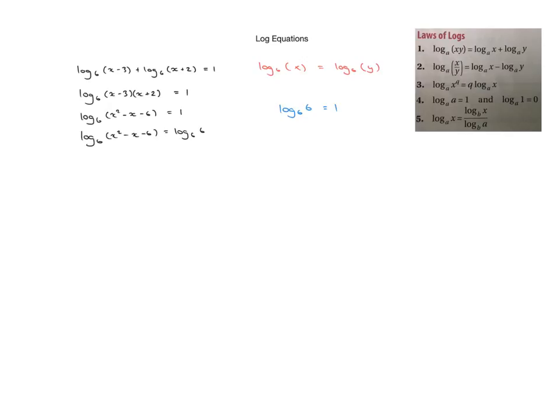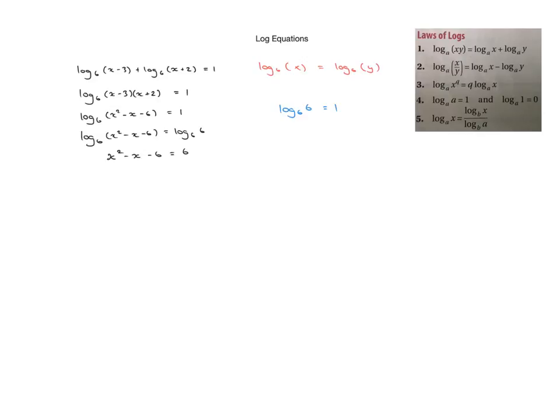I have log base 6 on both sides, and they're both single logs. So now what I do is I drop the logs. The logs can go because we are only interested in what's inside the logs now. So that now means that x squared minus x minus 6 is equal to 6.